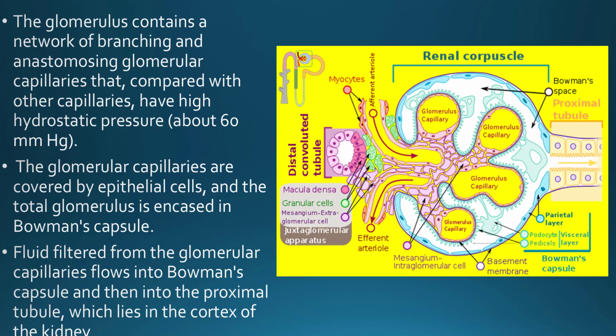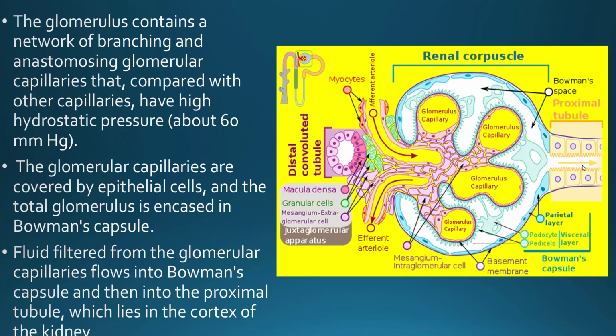These are the granular cells which contain renin. We also have inner mesangial cells and outer mesangial cells. These are the podocyte cells, and these are the mesangial cells, and they keep the glomerular capillaries in position. They keep them together, attached with the Bowman capsule and with each other.